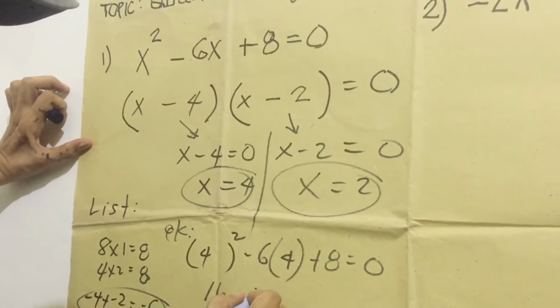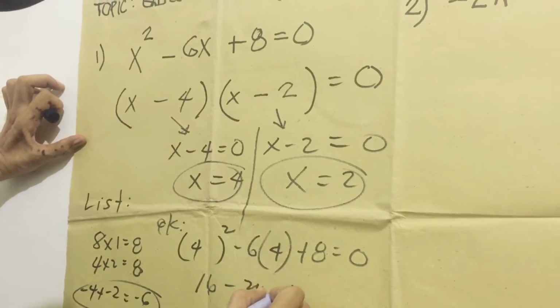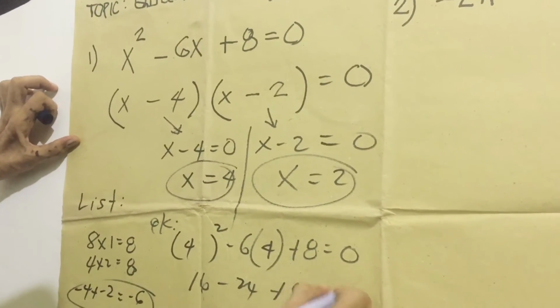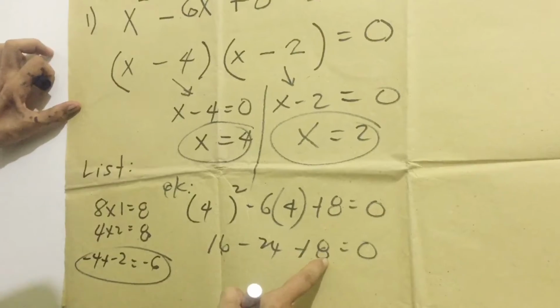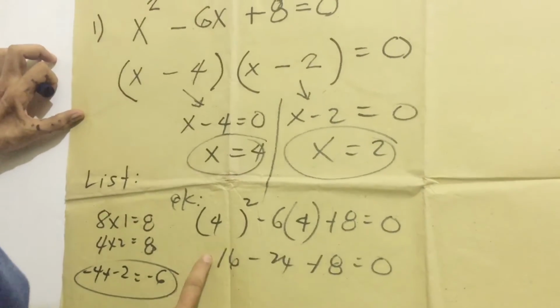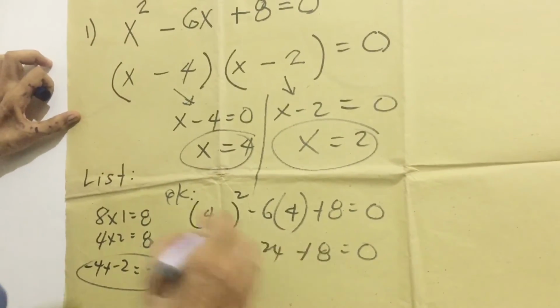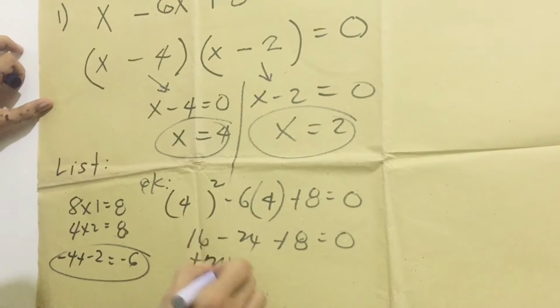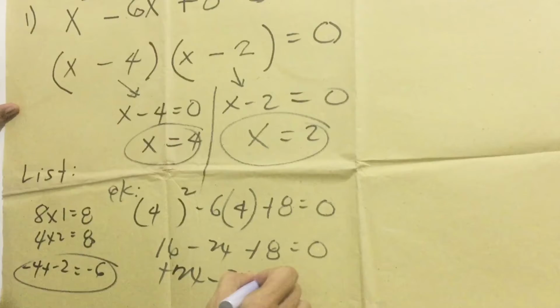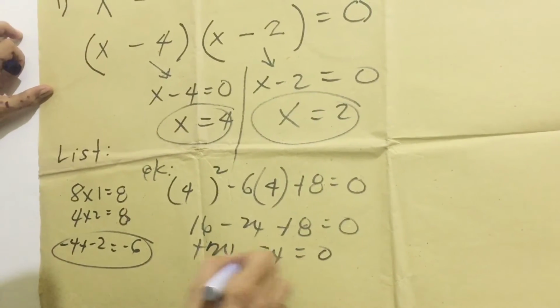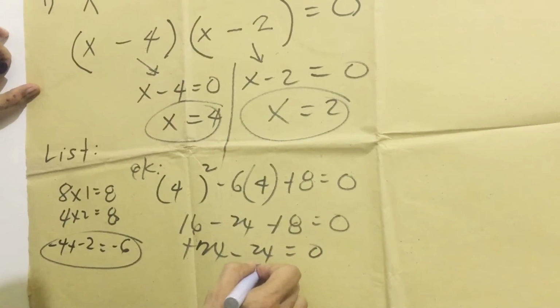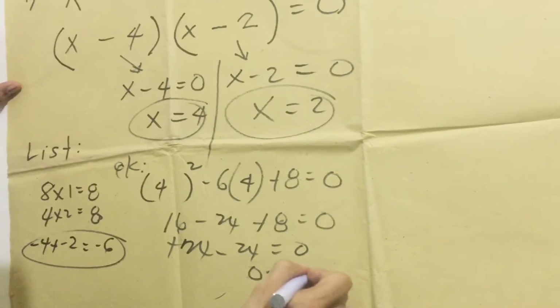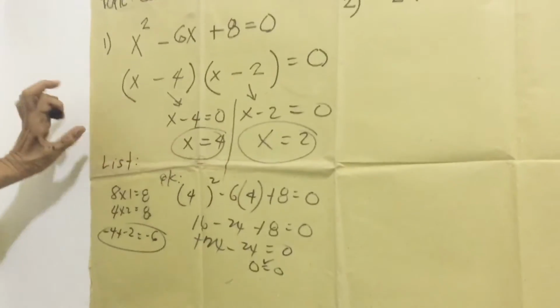Then 6 times 4 is negative 24, plus 8 equals 0. 16 plus 8 is positive 24, minus 24 equals 0. Okay, check. So 4 now is a solution.